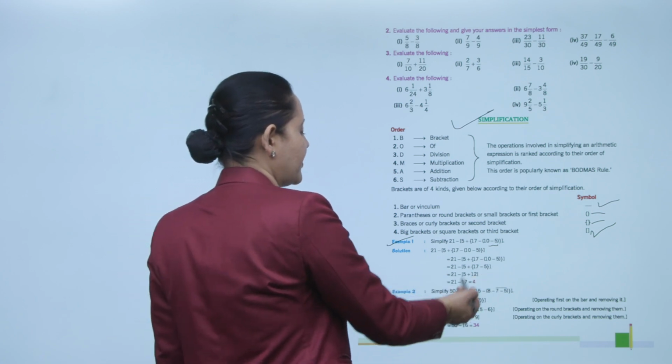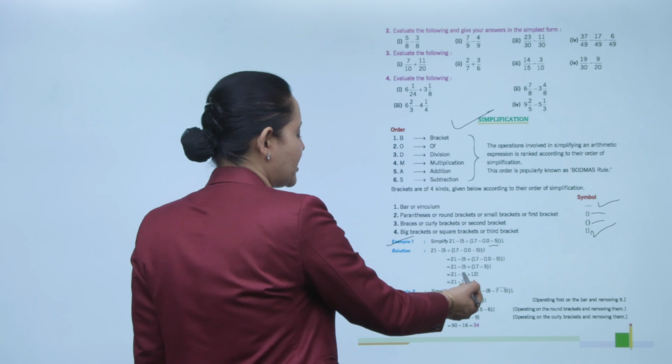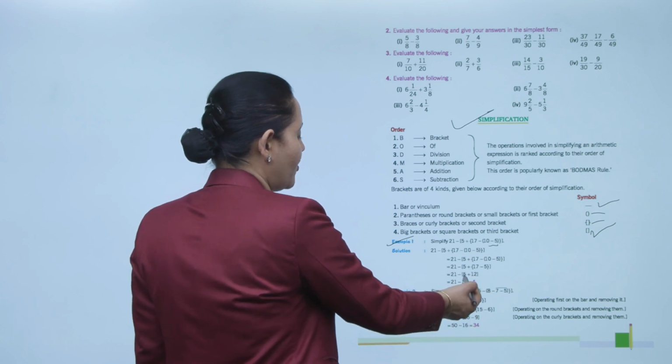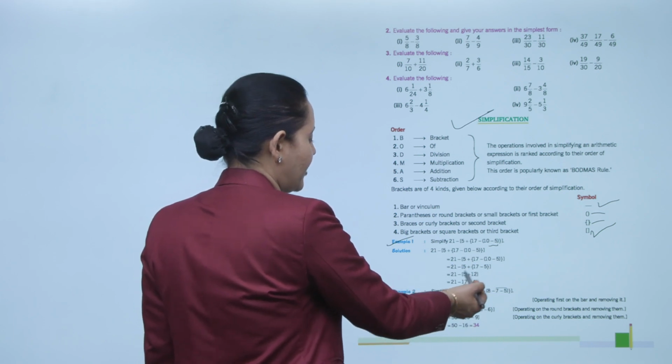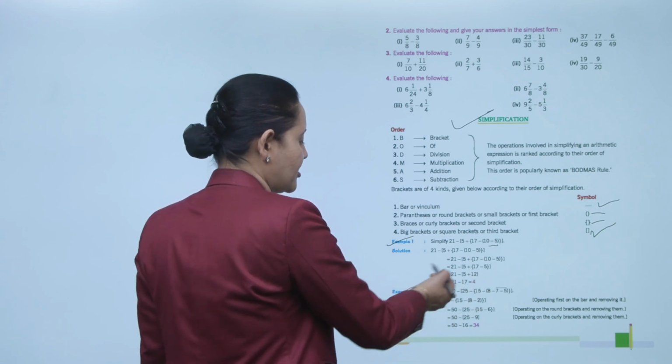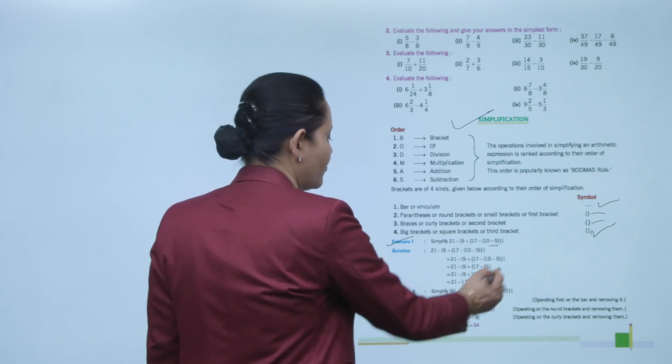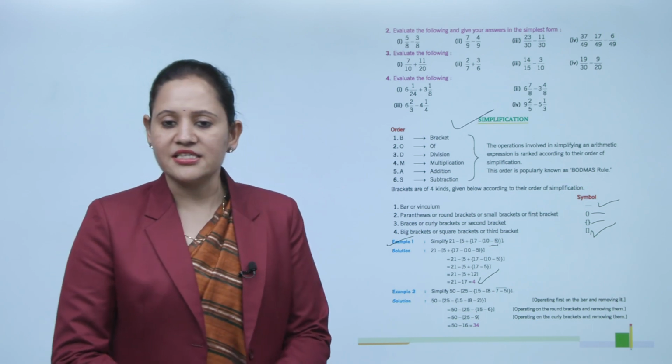So 17 minus 5, that is equal to 12. So 21 minus 5 plus 12. So 12 and 5 we will add, that is minus 17. 21 minus 17, that is equal to 4. That is our answer.